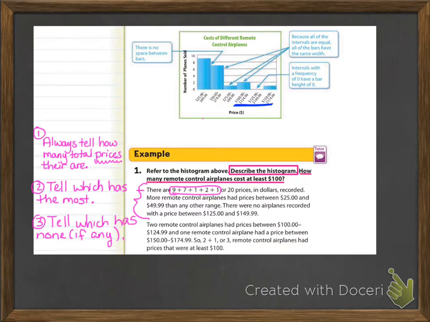So you want to look at the information that's all over in this area here. So we've got 2 planes that cost between $100 and $124.99, and you've got 0 in this column, but then you've got 1 right here. 2 plus 1 gives you 3, and that's why you can say that there are 3 remote control airplanes that have prices that are at least $100.